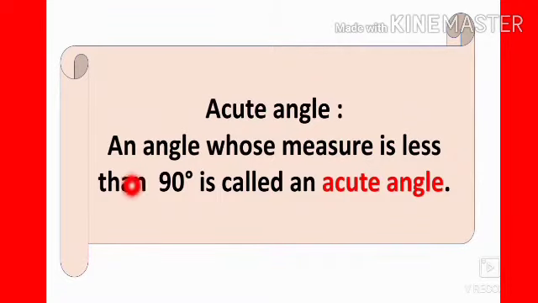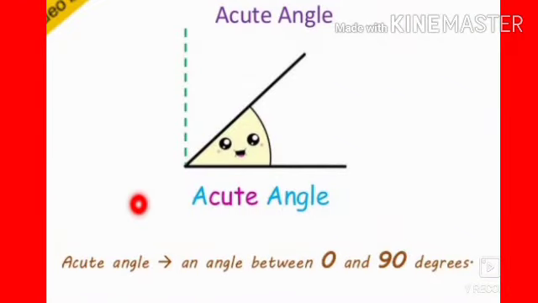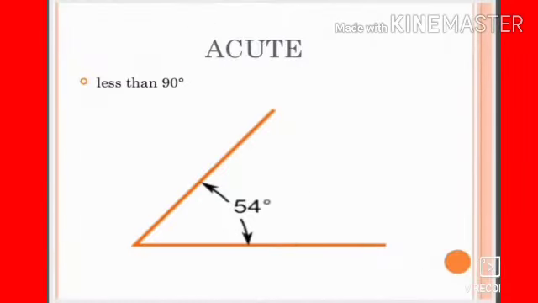Acute angle. An angle whose measure is less than 90 degrees is called an acute angle. That is, an angle between 0 and 90 degrees is called an acute angle. Here, for example, 54 degrees, which is less than 90 degrees, is called an acute angle.